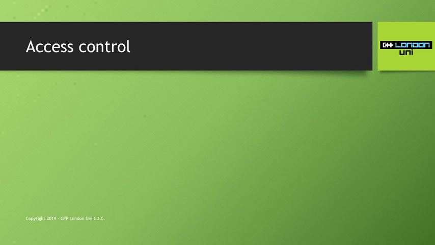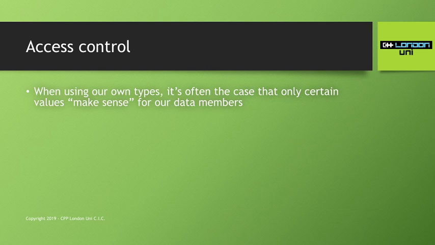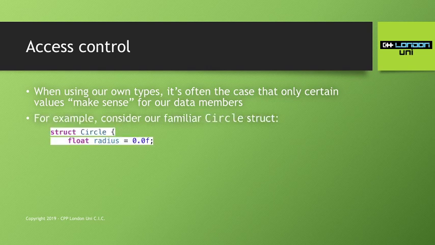There are situations where not every value of those data members makes sense for our type. Oh, I just said rectangle, but I used circle on the slides. So here we've got our old friend, the circle. Just has one data member, this radius.